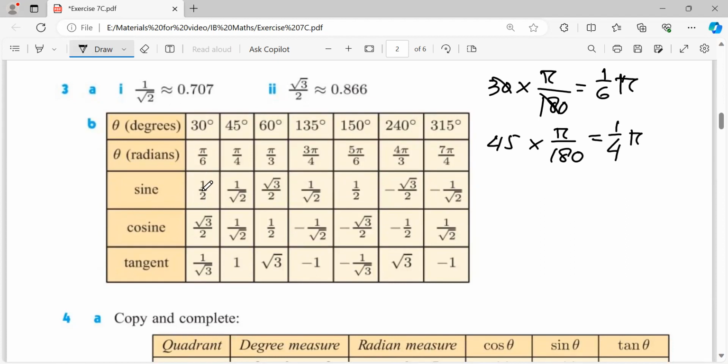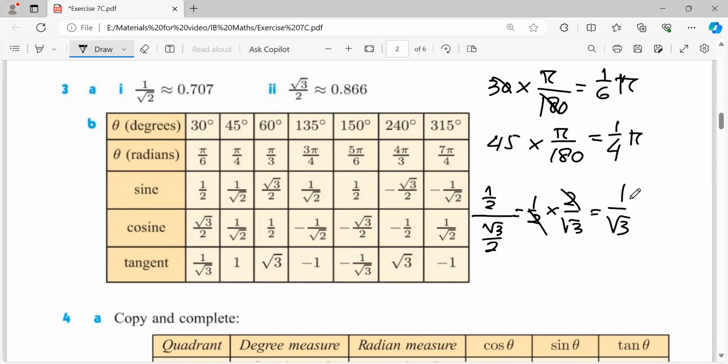So if sine is half over square root of 3 over 2, it's going to be a half times 2 over square root of 3, and it becomes 1 over square root of 3.